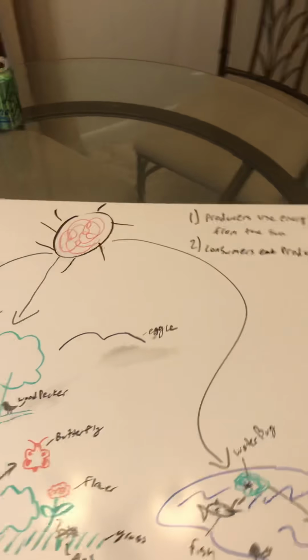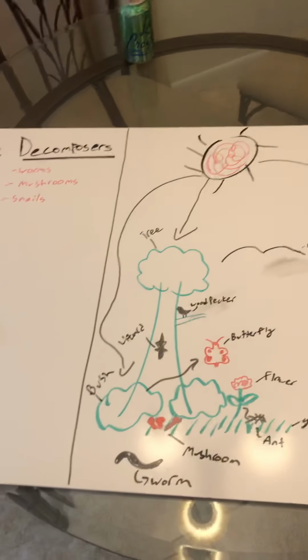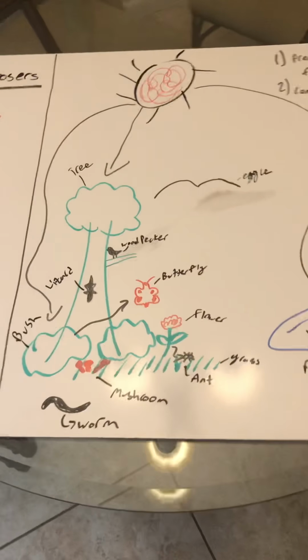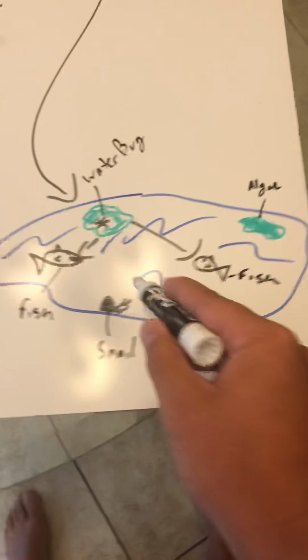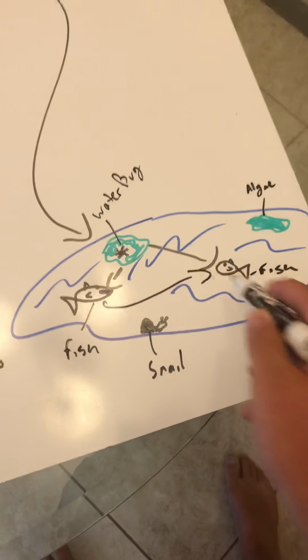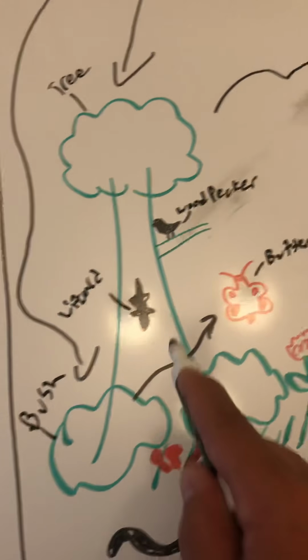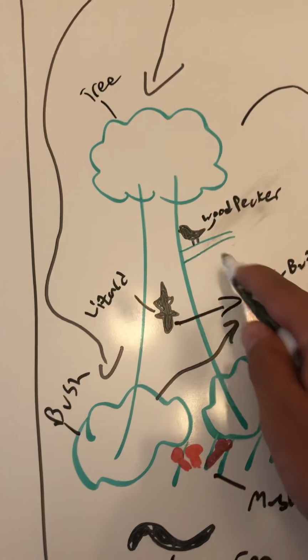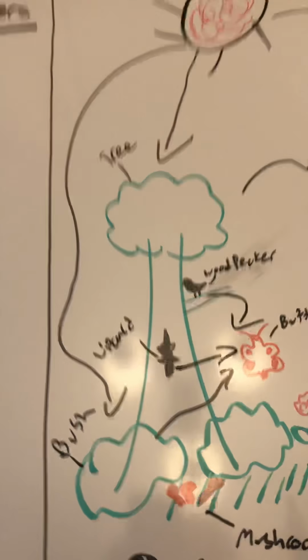After consumers eat the producers, now where can the energy go? Well, from things like this fish, maybe a bigger fish will eat that fish. Or maybe the lizard eats the butterfly, or the woodpecker eats the butterfly.